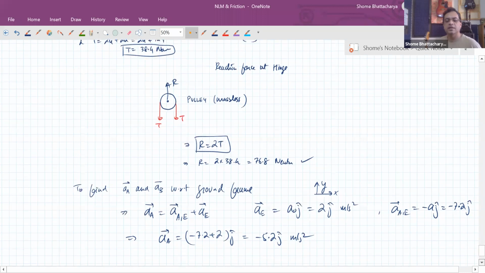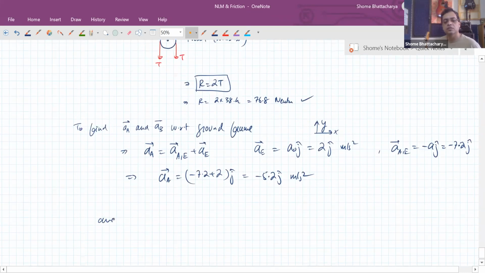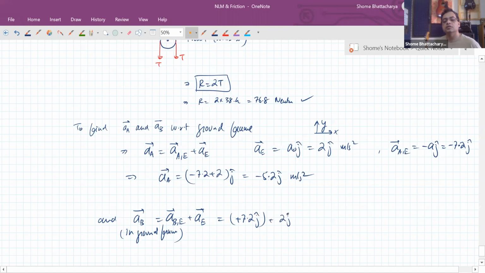And similarly, if we analyze for the acceleration of B in the ground frame, that will be acceleration of B with respect to the elevator plus the acceleration of the elevator. So acceleration of B with respect to the elevator is in fact plus 7.2 j cap, because it's going up, and this is 2 j cap.